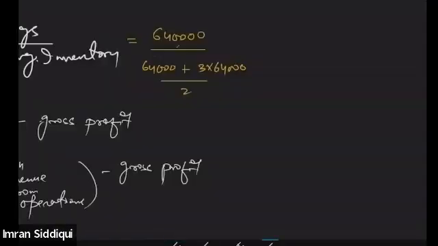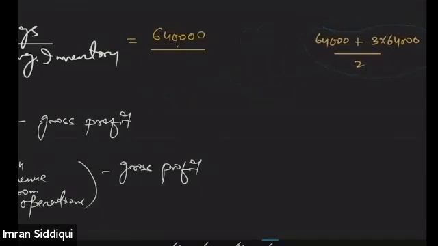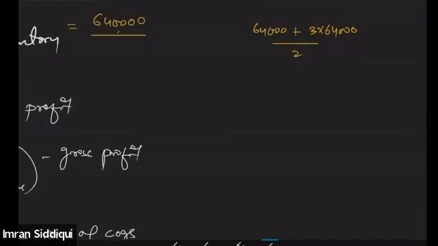Right? Do you understand this? Yes or no? Just tell me if this is clear to you or not. 64,000 into 3 will be how much? 1,92,000.